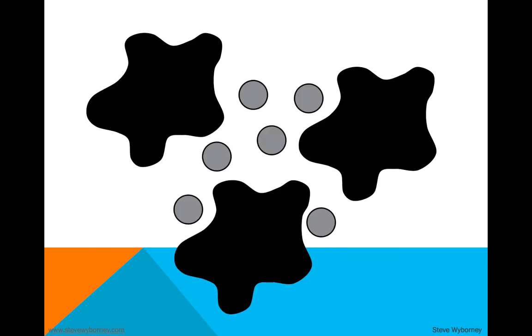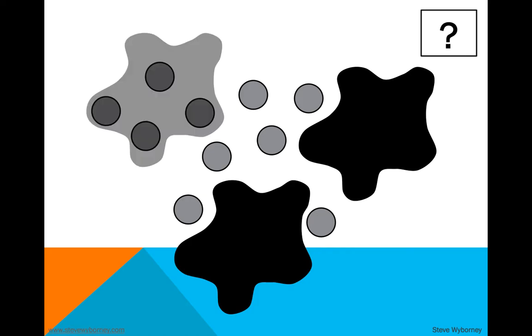All right, let's try another one. Okay, so you see 6 outside the splats. 1, 2, 3, 4, 5, 6. I'll show you the first splat. There's 4 underneath each splat. So you have 4, 4, and 4.